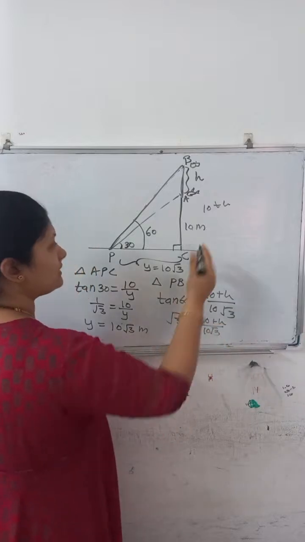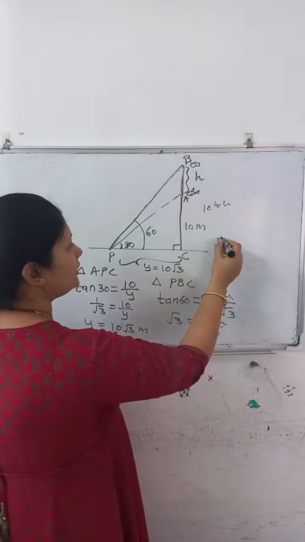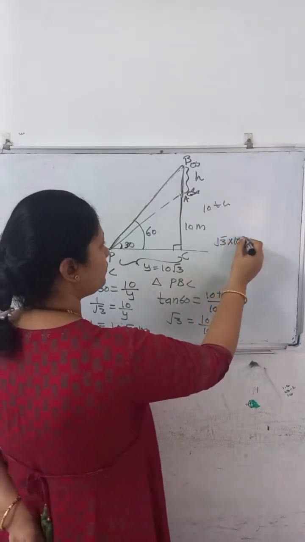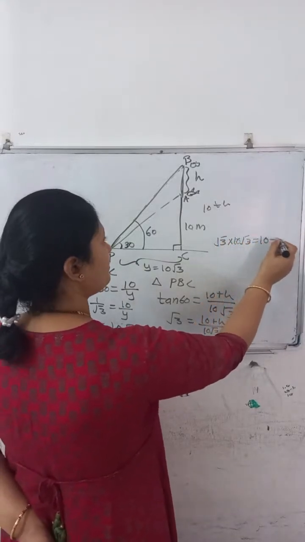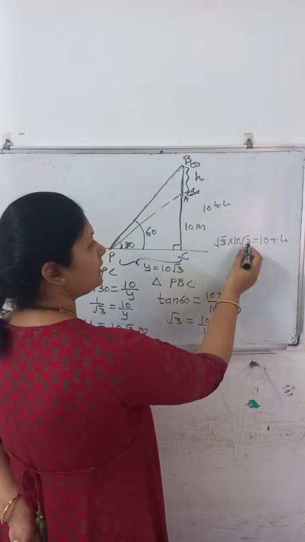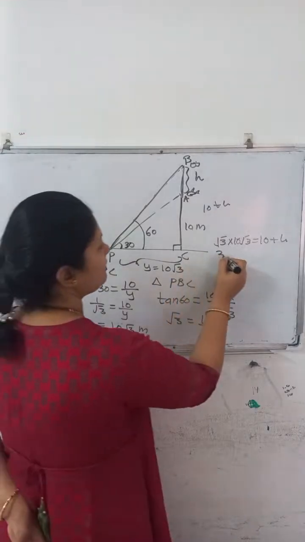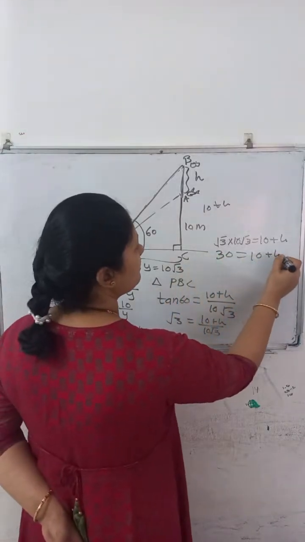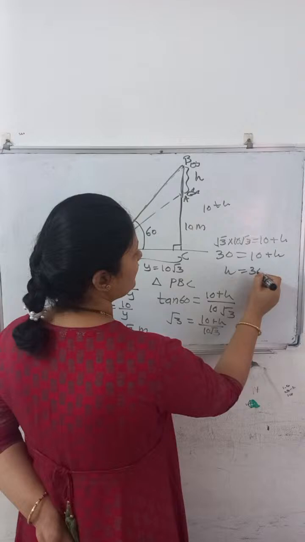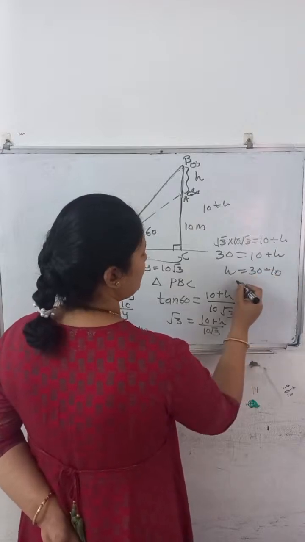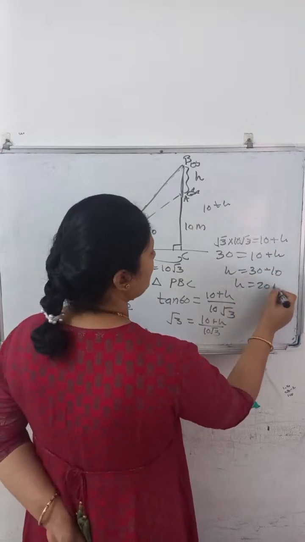You can transpose to this side. So root 3 into 10 root 3 is equal to 10 plus h. Root 3 into root 3 is 3, and 3 into 10 is 30, equal to 10 plus h. So h I am getting as 30 minus 10, that is 20 meter.